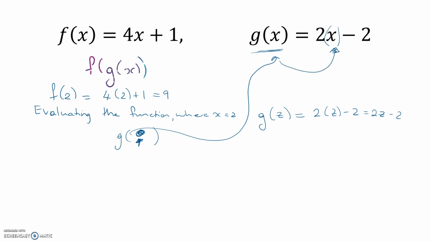So I'm substituting into the rule. For example, if I was using x plus 1 as the thing that I wanted to substitute in, all I do is instead of x, I'm going to substitute x plus 1. So the rule says 2 times the something minus 2, and then I could tidy it up if I needed to.